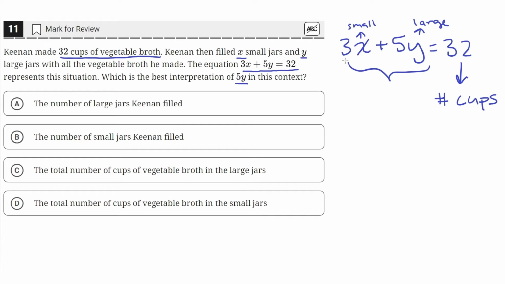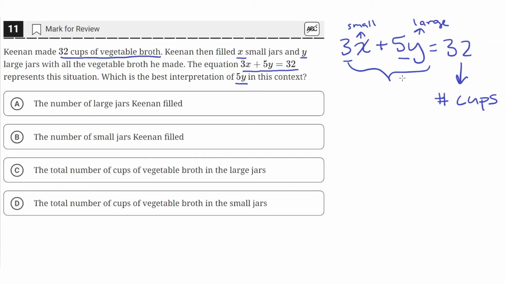And multiplying 3 with the number of small jars here gives us the total number of cups in small jars. And then multiplying 5 with y gives us the total number of cups of vegetable broth in large jars.